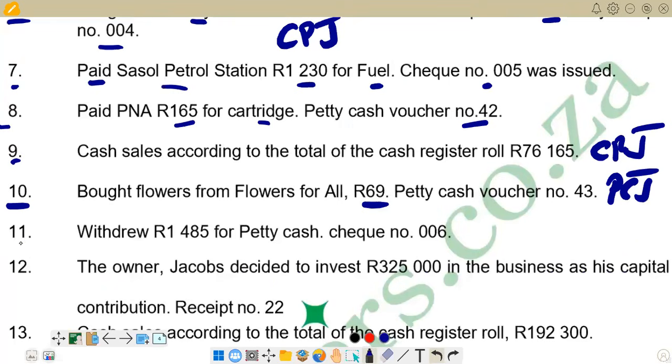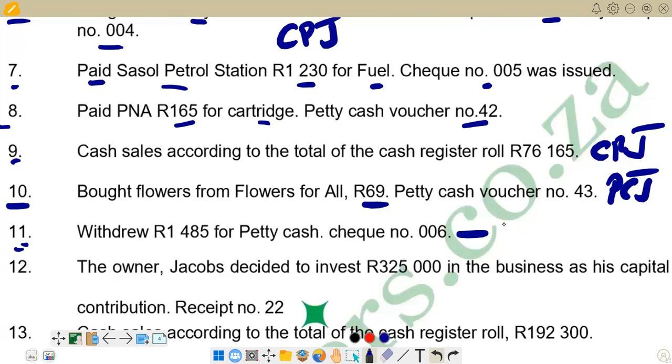So now we are on day 11. We drew 1,485 for petty cash, check number 006. So what does it mean? It means that we are going to enter this in the cash payments journal, because we are paying money there to the petty cash.